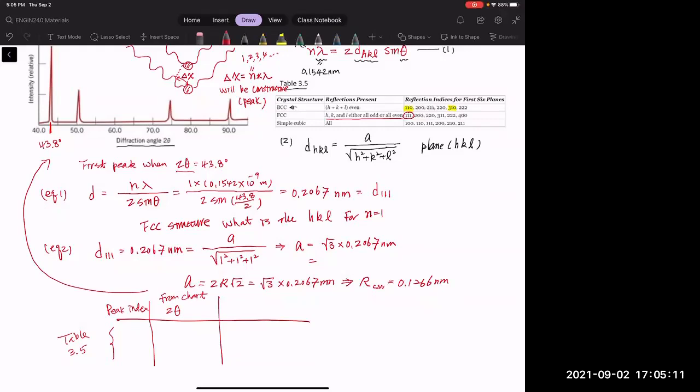And also you're going to find the D of HKL from equation 1. And then you find the R.